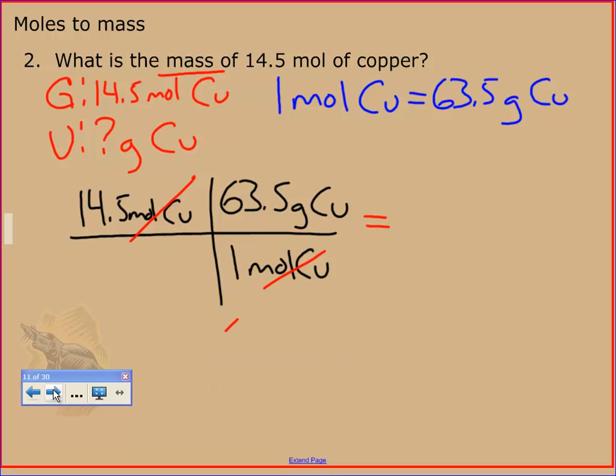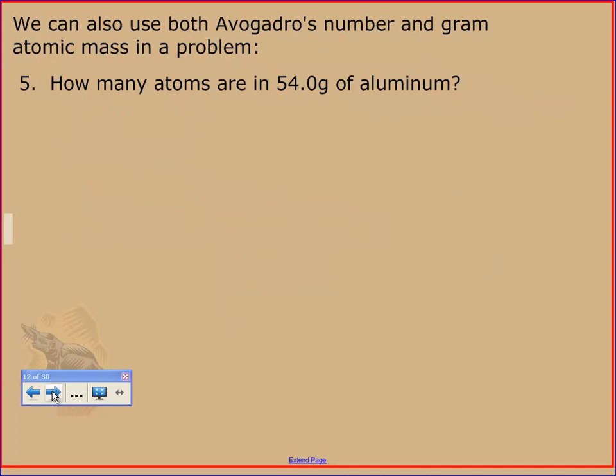So 14.5 times 63.5. Again, we've got 3 sig figs, so we're going to round to 3 sig figs here, and we get 921 grams of copper. Grams is what we're looking for. That's the mass. So these are relatively simple. There's nothing massively complicated. Where they do get a little bit more complicated is when you look at a problem like this.